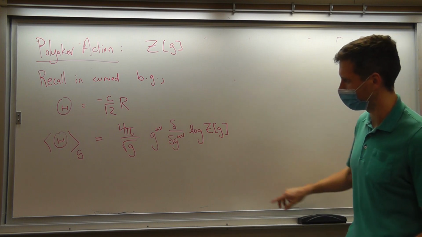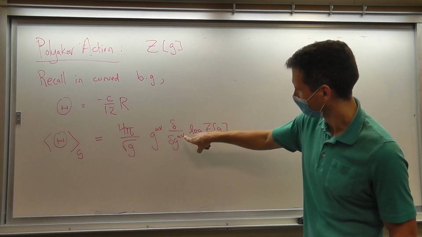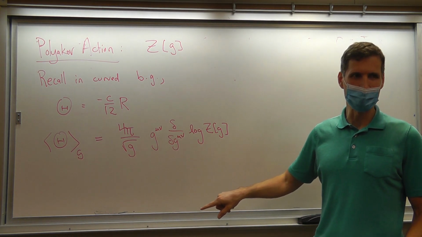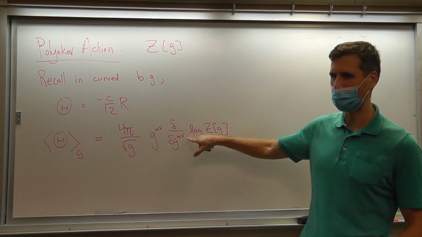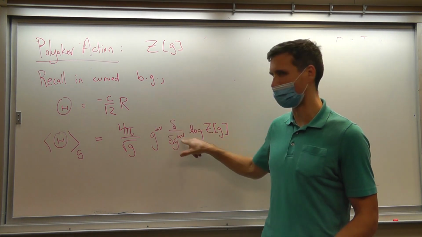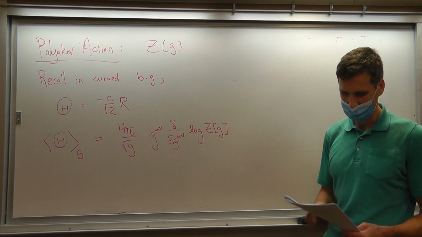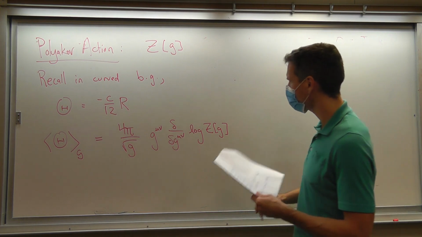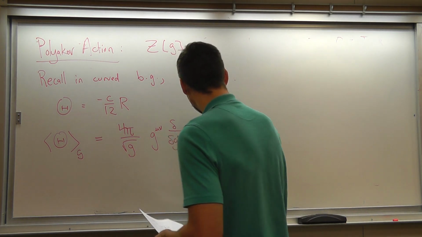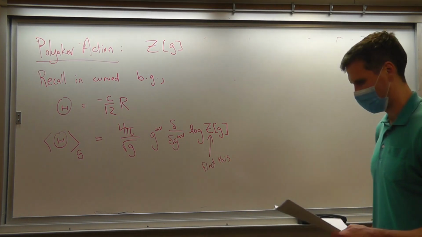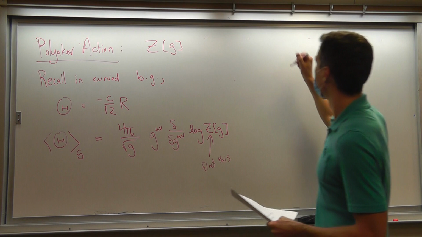Okay, so this equaling that is a differential equation. And what we're going to do is solve that differential equation to calculate Z of g. So our goal is to find Z of g by comparing these two equations.